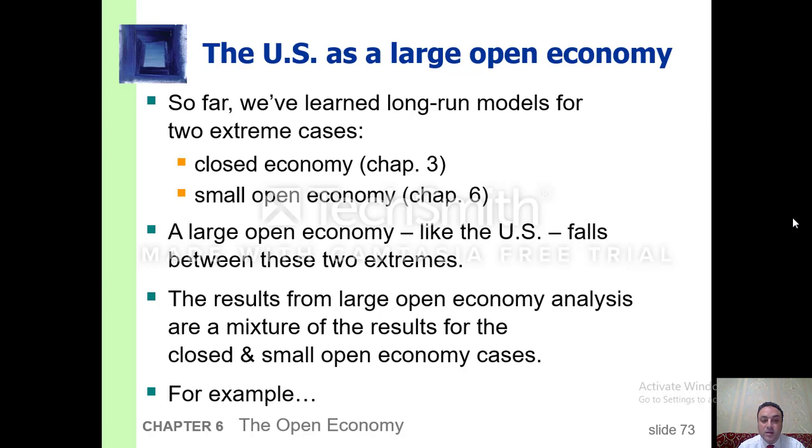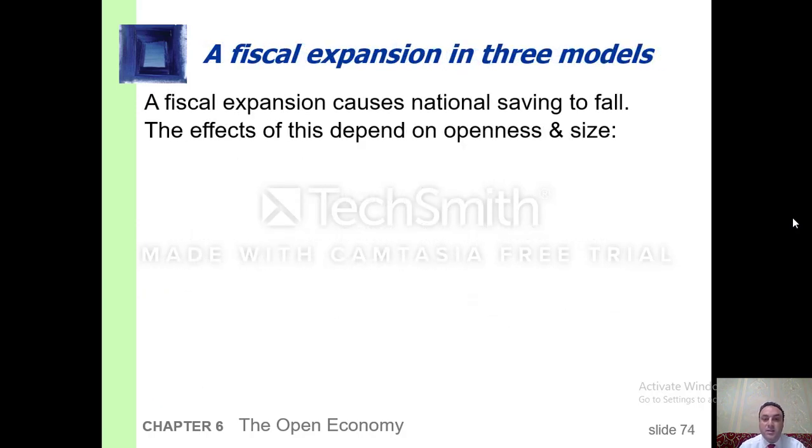As we can see in this example, suppose there is a fiscal expansion in the three models. Fiscal expansion, as we said, is an increase in government spending or decrease in taxes. This expansion, as we mentioned, reduces national saving, because you increase the spending and decrease the taxes or revenues, so the saving will fall.